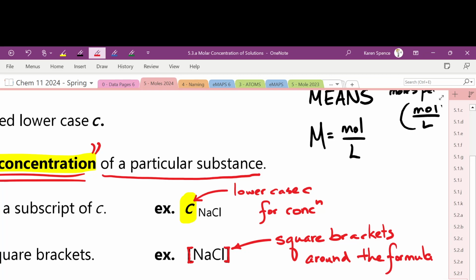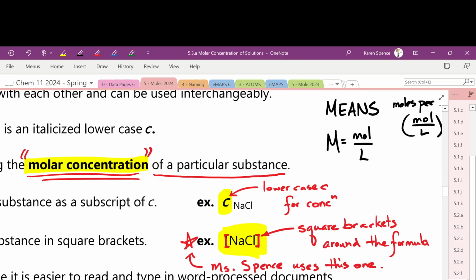Now, which one am I going to use more? I'm going to use this one. Are you allowed to use the other one though? Totally. Now, one of the reasons that I use this one is it is so much easier to word process.